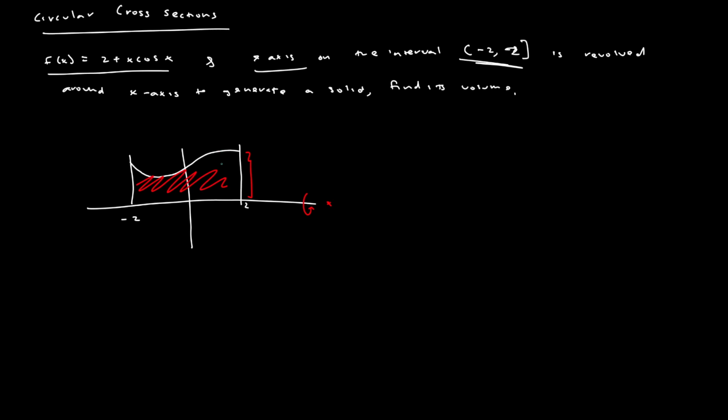So when I revolve this figure across the x-axis, let's just take that point as a point that we're going to analyze. If I revolve the figure, the cross section will look like this for that particular point. And so you can visualize how it forms this circular cross section because I'm revolving it across the whole x-axis.